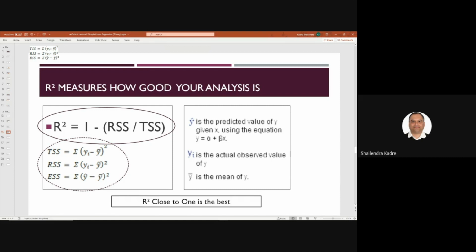So any R square above 80% is acceptable, and any R square above 0.9, meaning 90%, is very nice. At the very bare minimum you need R square above 70%. Below 70% nobody will accept, and even below 80% nobody will accept. But if you want to go to the lower limit, you have to give some model which is close to 70%.